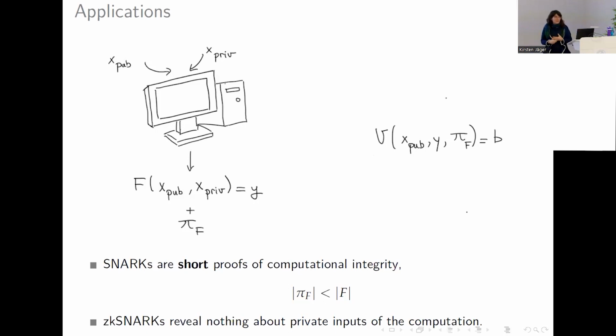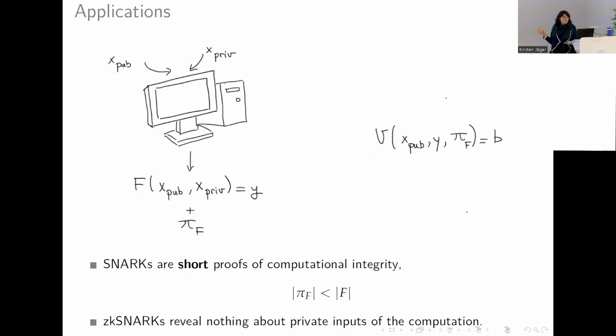Again, the private input is optional. We are also interested in just verifying that computations are done correctly. Even if the verifier could redo the computation himself, he doesn't want to, because this is too costly or takes too much effort. So this is how we come to see SNARKs as a short proof of computational integrity.